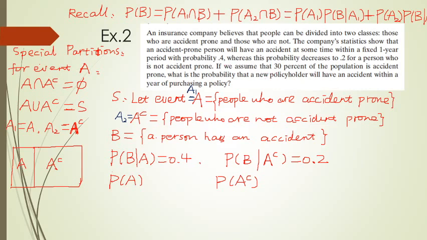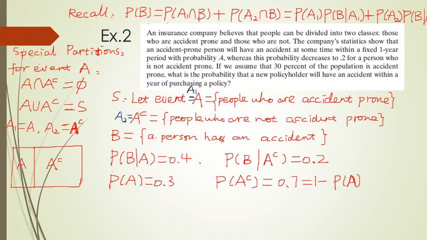If we assume that 30% of the population is accident prone, pretty easy, right? 0.3. How about the percentage who are not? Of course, 0.7. And how can we get 0.7, by the way? Because it is 1 minus the probability of event A, the probability of A's complement.